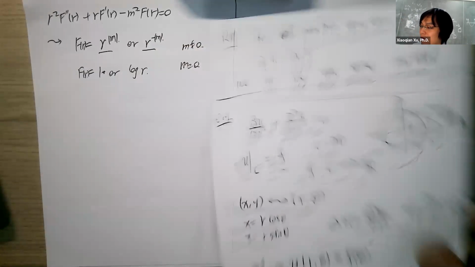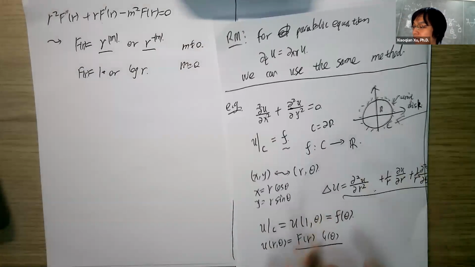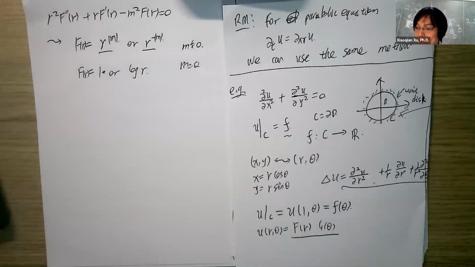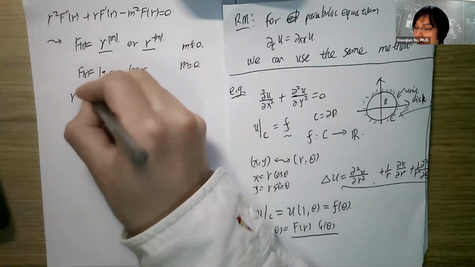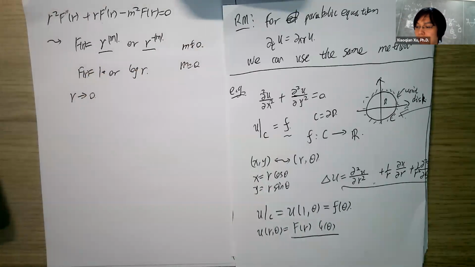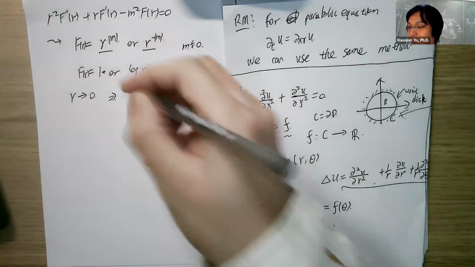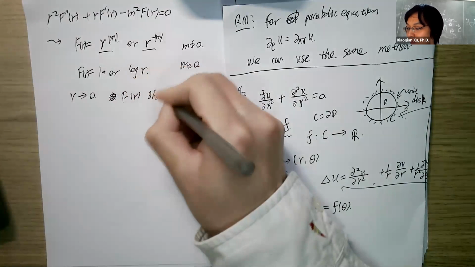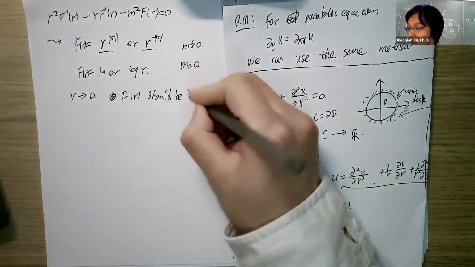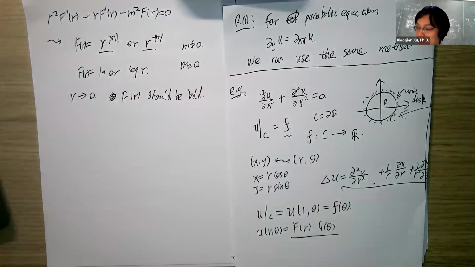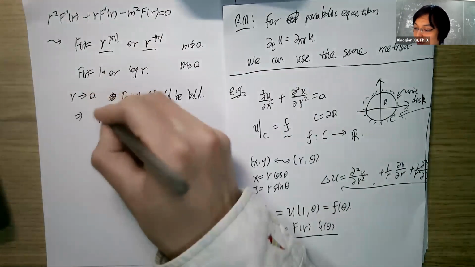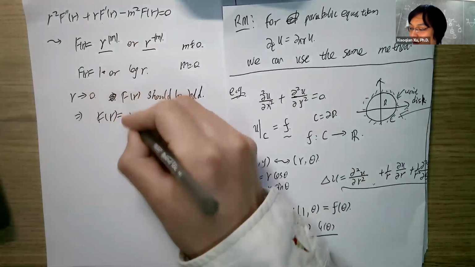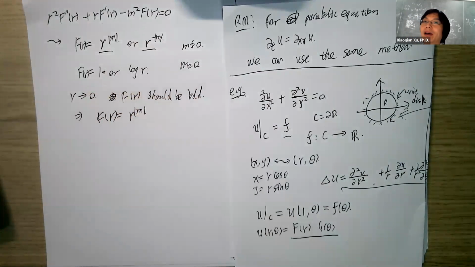But remember, we are studying the solutions on the unit disk. So if r goes to 0, your solution shouldn't blow up. It should be a bounded function, which means you must have f r equals r to the power m.